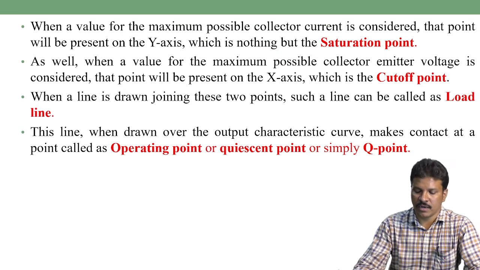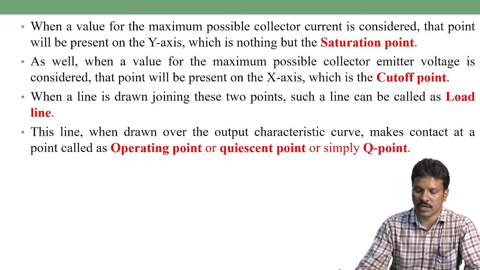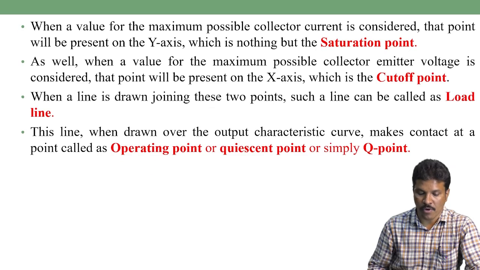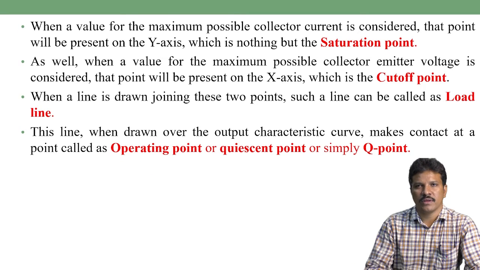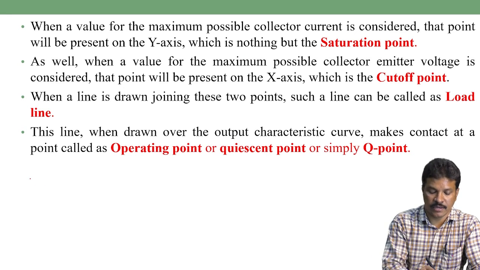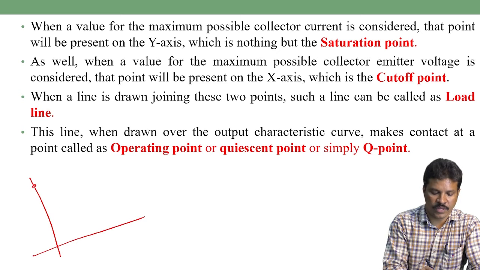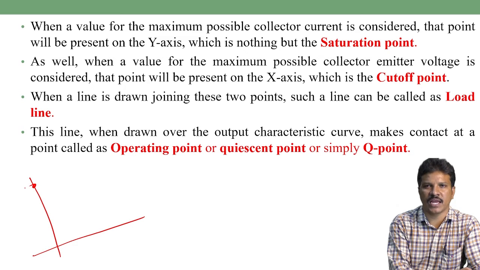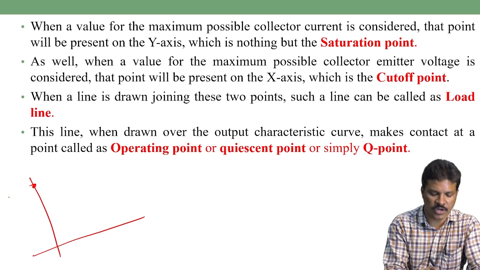Now we will see what a load line is and how to draw it. When the maximum possible collector current is considered, it is presented on the y-axis. The maximum point on the y-axis is considered the saturation point, which is called IC sat.